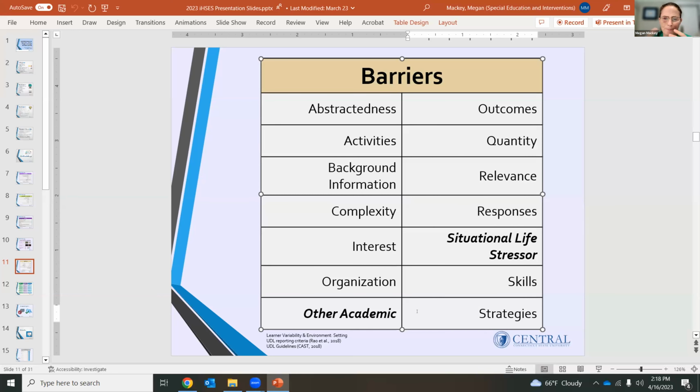And then other academic, maybe they had an undiagnosed disability that they didn't know of at that point. There were enough pieces of data that didn't fit in any of the 12 categories that we decided to create two categories based on what the data yielded.